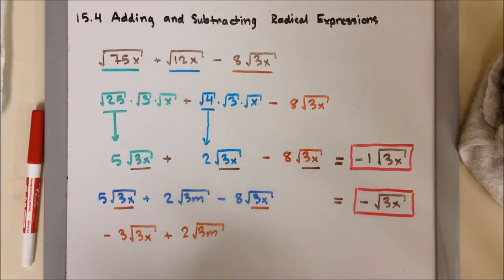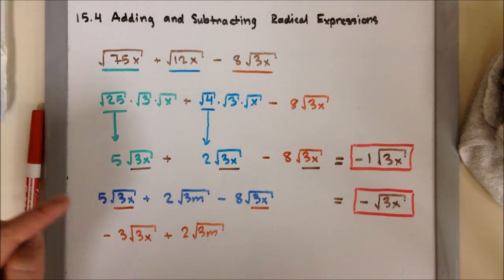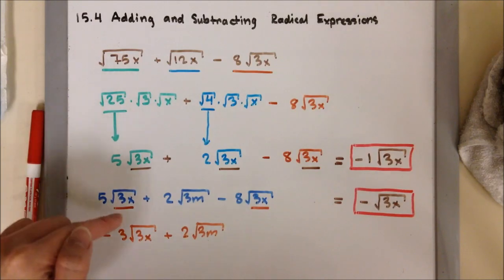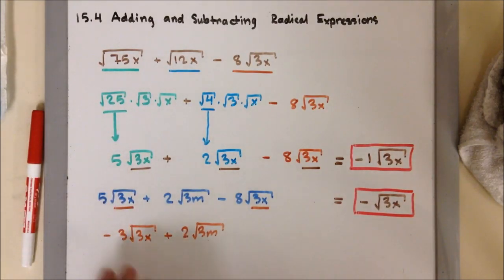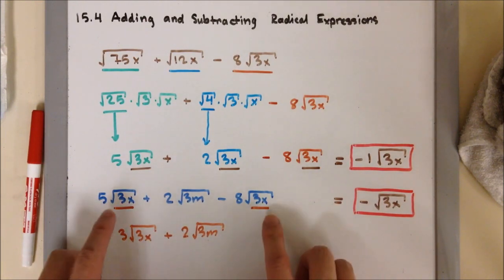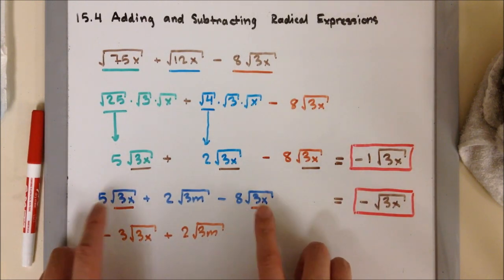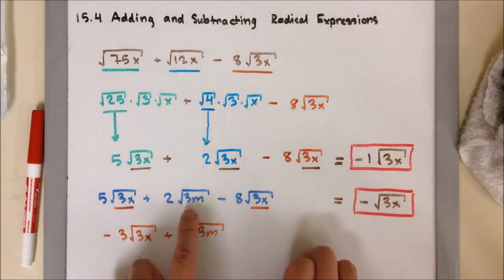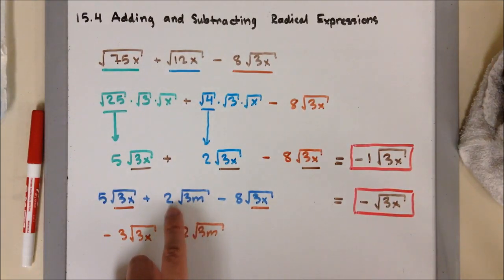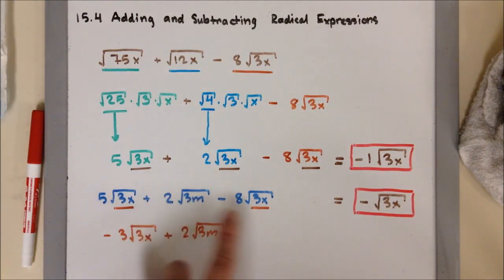So like I said before, you can only combine them if they have like radicals, meaning exactly the same number, exactly the same variable, exactly the same exponents, and same radical. So here, we can only combine the 5 and the negative 8 because they had square root of 3x, which gives us negative 3 square root of 3x, and then the one with 3m, which was not the same as the other radical expressions, we just bring it down.